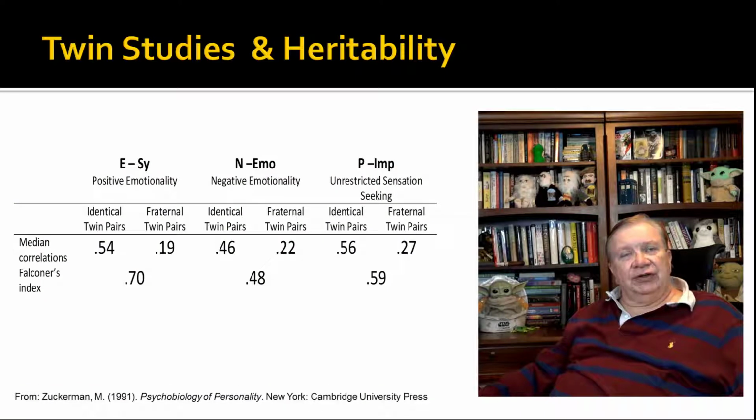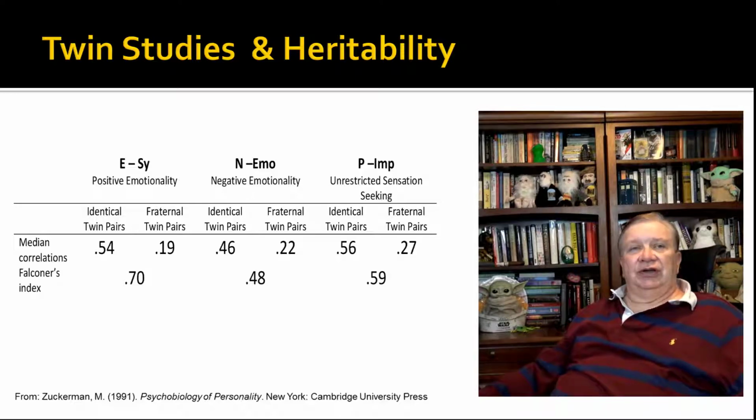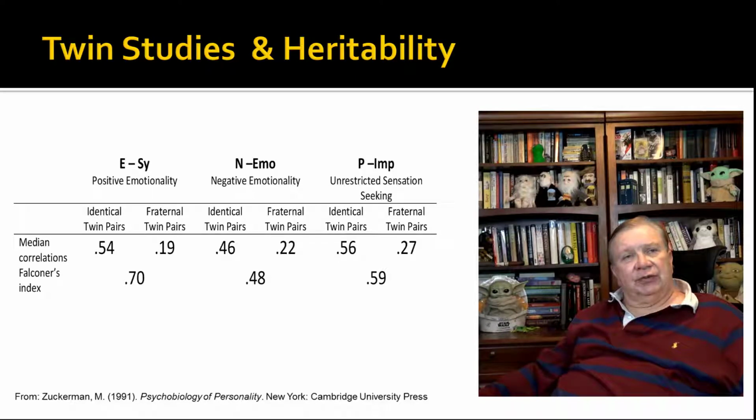To make it easier to see, I replicated this on the slide here, and you can see that across all of these twin pairs, for positive emotionality, you get a 0.54 correlation for identicals, 0.19 for fraternals. The resulting Falconer index is 0.7, or about 70% of the variance in positive emotionality is due to genetics.